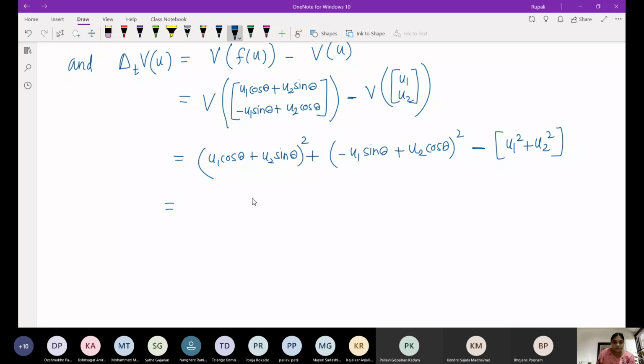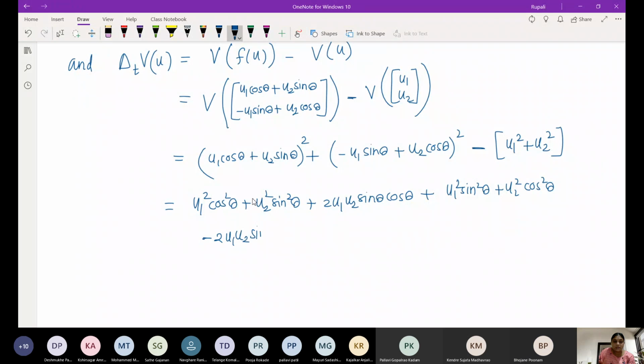Now we can find this: U1 square cos square theta plus U2 square sin square theta plus 2 times U1 U2 sin theta cos theta, plus U1 square sin square theta plus U2 square cos square theta, minus 2 times U1 U2 sin theta cos theta, minus U1 square minus U2 square.